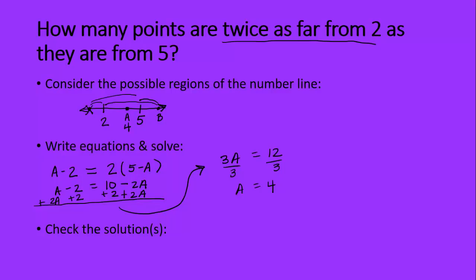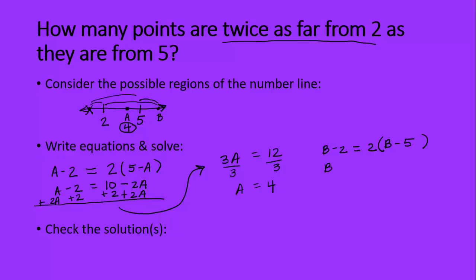Okay, let's try to solve for B. So an equation for B that still means the distance from B to 2, B is greater than 2, so I'm going to write B minus 2, is twice as big as the distance from B to 5. B is greater than 5, so I'm going to say B minus 5 to get that positive result.